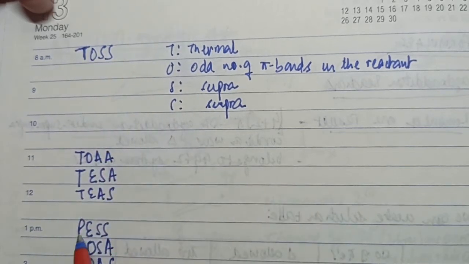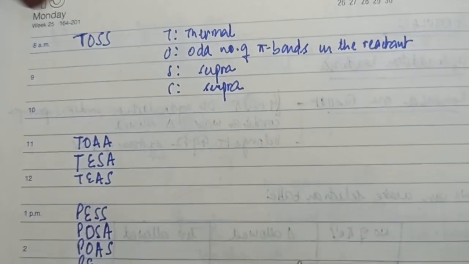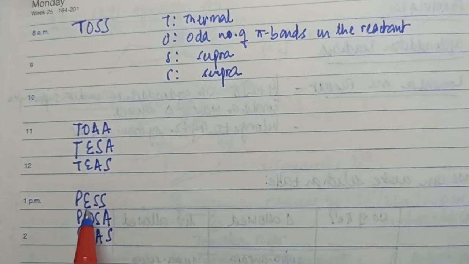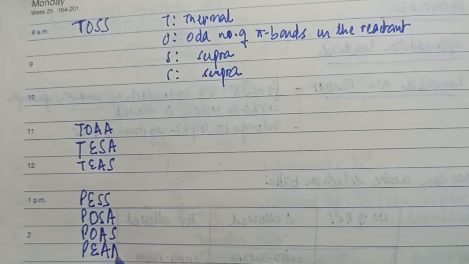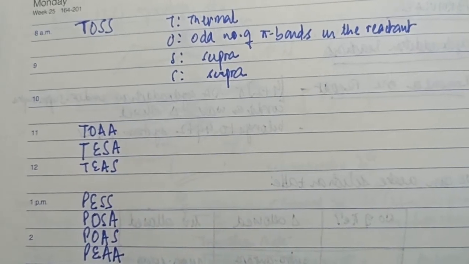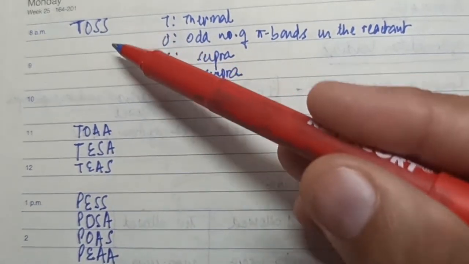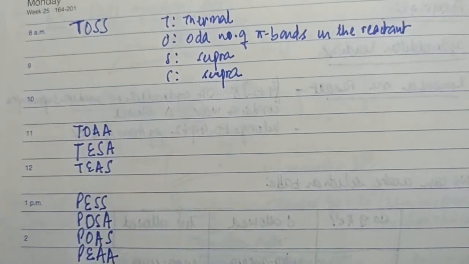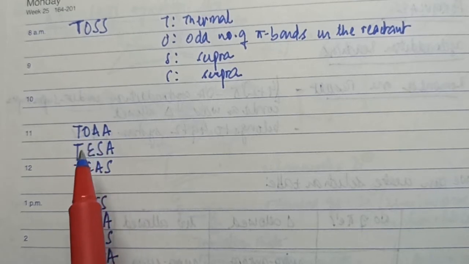Formulas can be created from this basic formula by changing any two variables, or converted between any two formulas. For example, if photochemical remains photochemical and even remains even, I can change these two supras to antara to create a new formula. So I've created four sets of formulas here from TOSS. You can convert any formula into another by changing two variables.